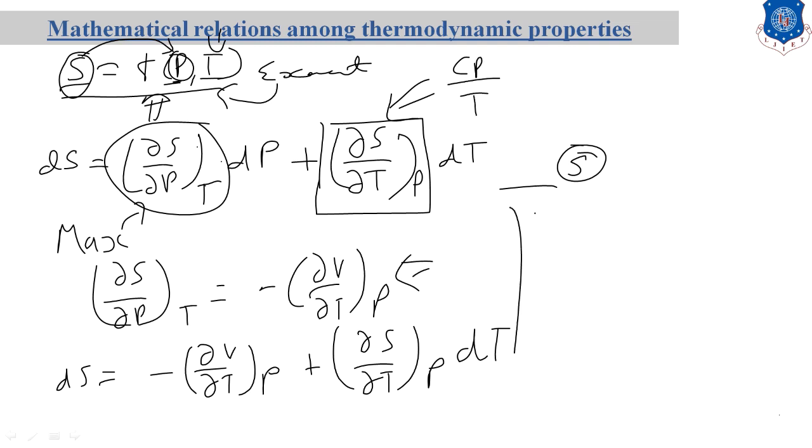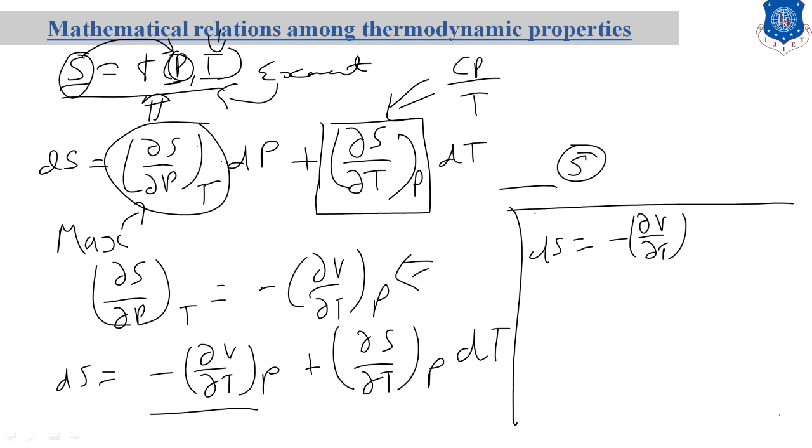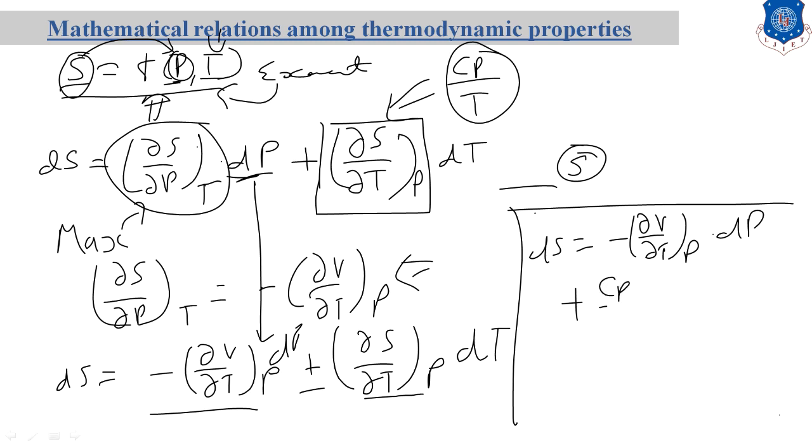By replacing this term, we get dS equal to the first term as it is, -(∂V/∂T) at constant pressure into dP, plus (∂S/∂T) at constant pressure, which is replaced by Cp/T, into dT.